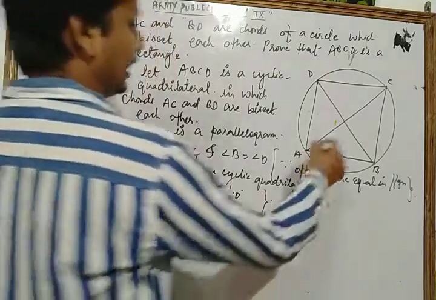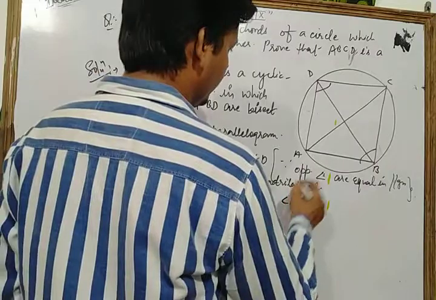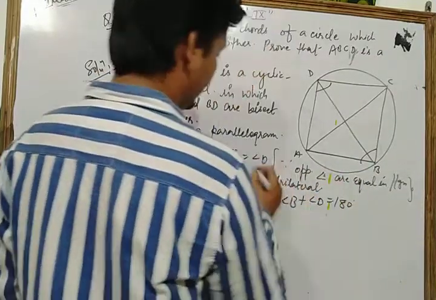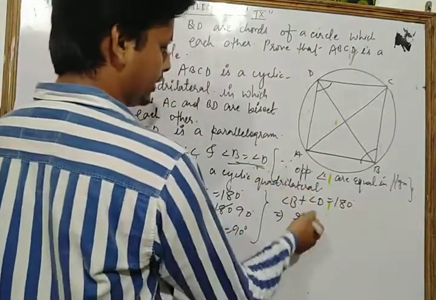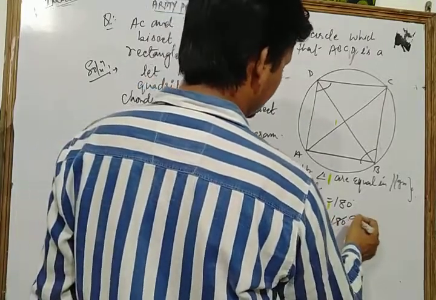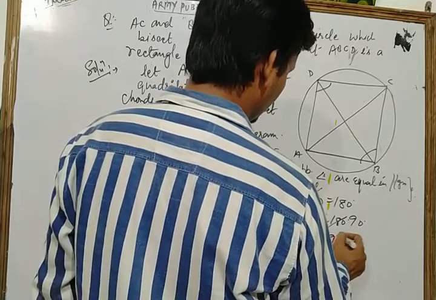Similarly, angle B plus angle D is also equal to 180 because ABCD is cyclic, and here we have 2 times angle B is equal to 180, that is angle B is equal to 90.